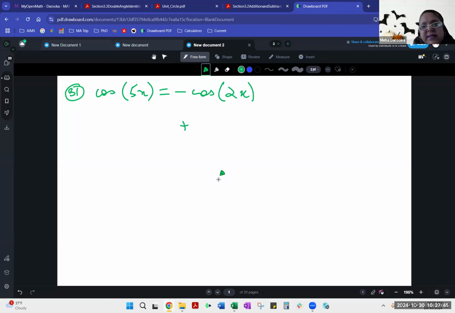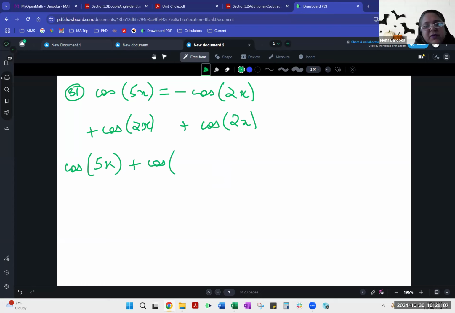Since it's minus cosine, we'll go ahead and add it. So we can do cosine of 2x and add that to the left-hand side. That will end up giving us cosine of 5x plus cosine of 2x. And then, of course, you will end up getting 0 on the right-hand side.